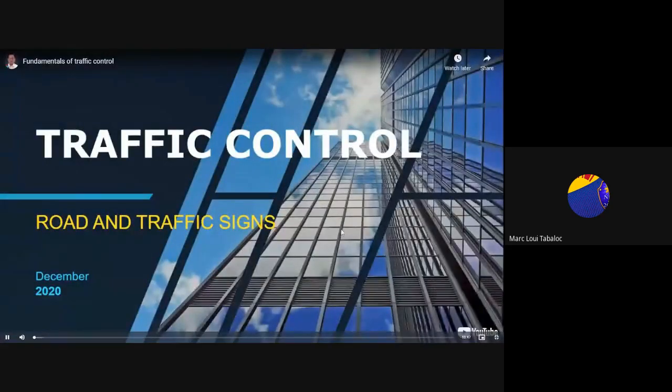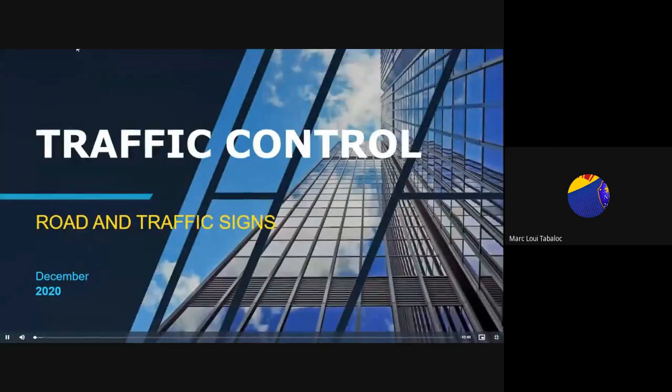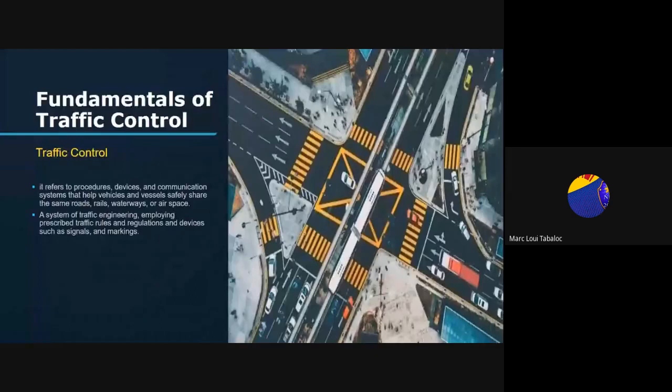Good day to everyone. So our topic is all about the fundamentals of traffic control, specifically road and traffic signs. In the fundamentals of traffic control, when we say traffic control, it refers to the procedures, devices, and communication systems that help vehicles and vessels safely share the same roads, rails, waterways, or airspace.